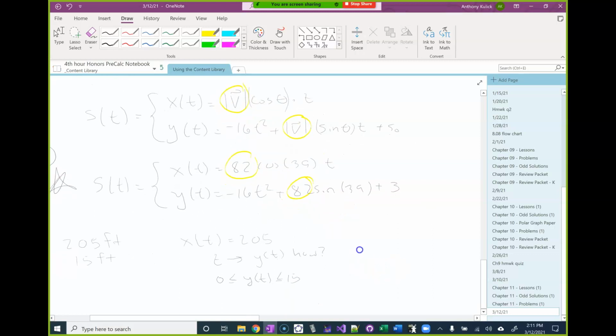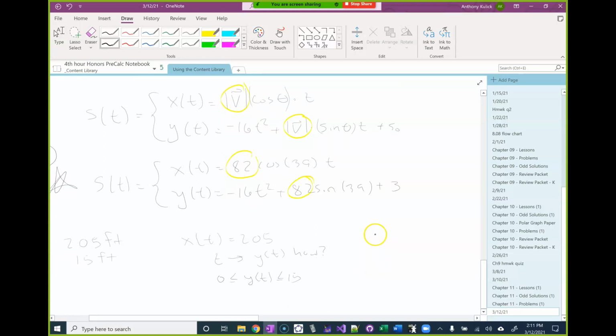The other option is you could take your y of t and set that equal to 15, solve for t, and plug that into the x of t, and see if that number is greater than 205. So basically we're seeing where the ball is at 205 feet. Is it past the fence when the ball is 15 feet high or not?